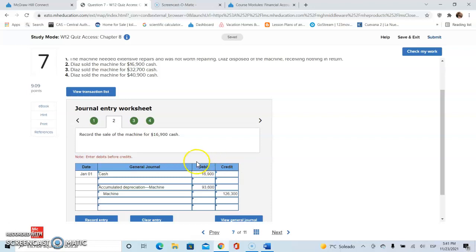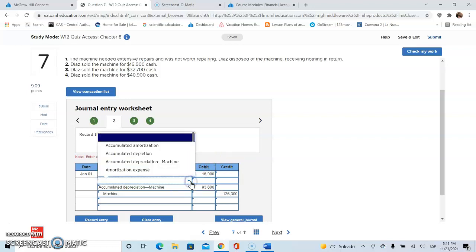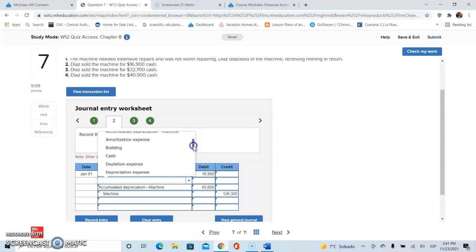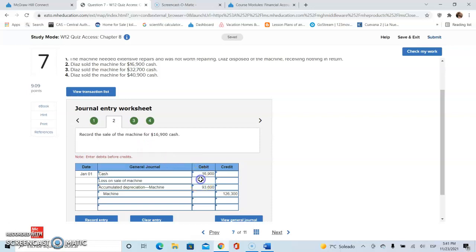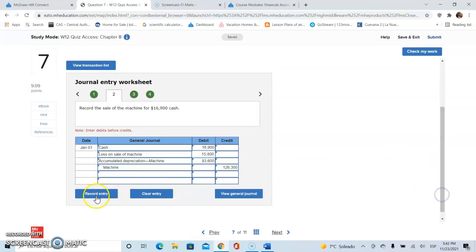Therefore, we debit loss on sale of machine for the amount $15,800. And then we record the entry.